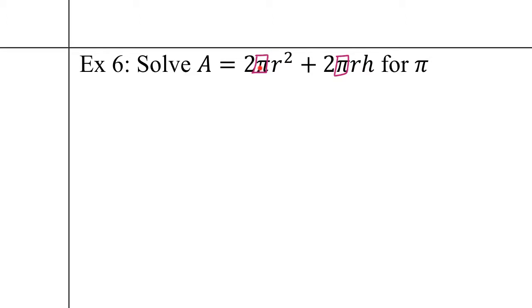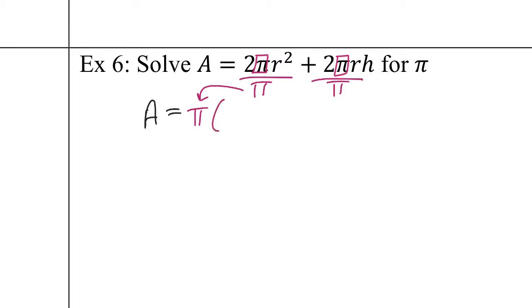Well, pi is being multiplied to this term, and pi is being multiplied to this term. So what we're going to have to do is use factoring of a GCF, that greatest common factor, to pull out the pi. Basically, we're undoing distribution. So this a is going to stay in a equals. Now, I'm going to divide out this pi from both of these, and that pi is going to fall to the outside.